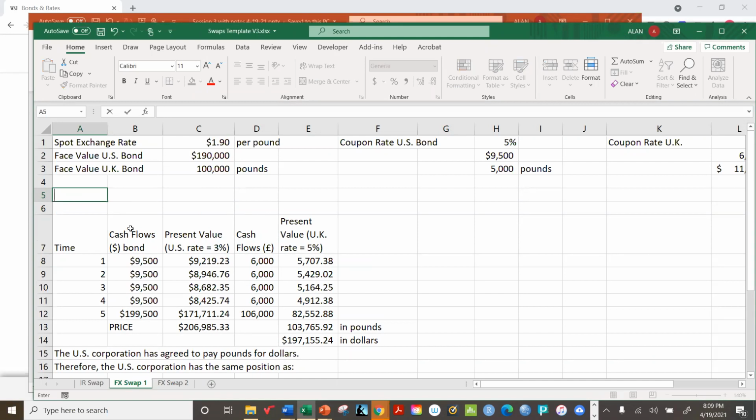The US corporation initially pays $190,000 for 100,000 pounds to buy the bond.